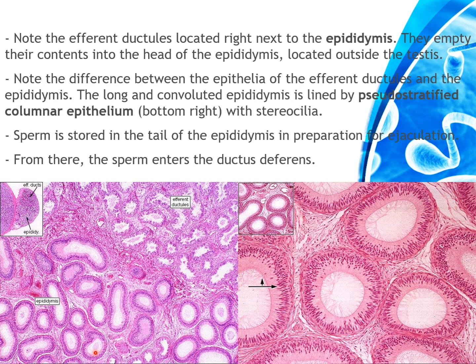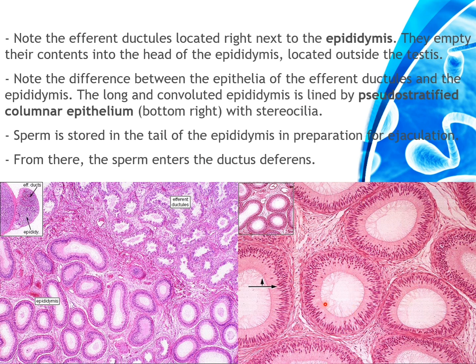So these are the histological diagrams. This area shows the section of the epididymis, and this area shows the section of the efferent ductule. In this diagram, you can appreciate the higher magnification of the epididymis, with pseudostratified epithelium with stereocilia.